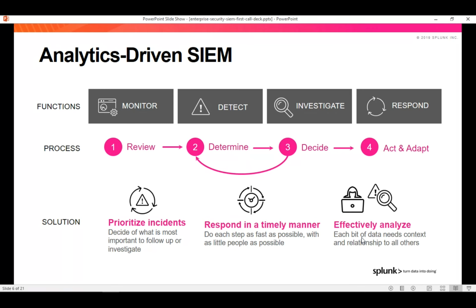Analytics-driven SIEM gives admins and analysts the capability to work on the platform and automate it. So this helps you with prioritizing incidents rather than analysts and admins working on the mundane, bulky tasks of investigating the same kind of incidents, which come in huge volume.